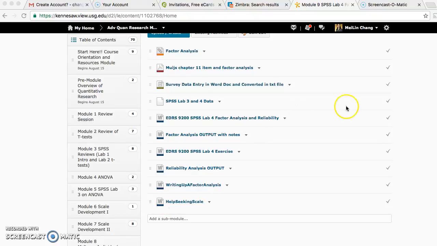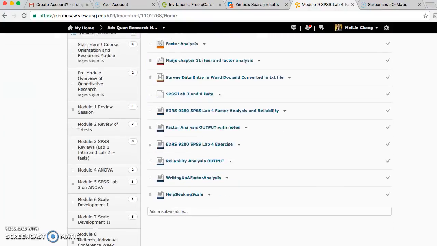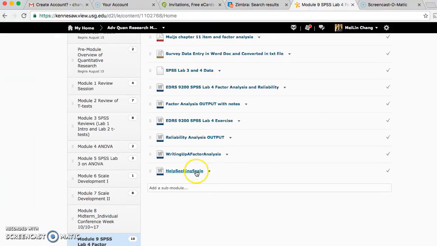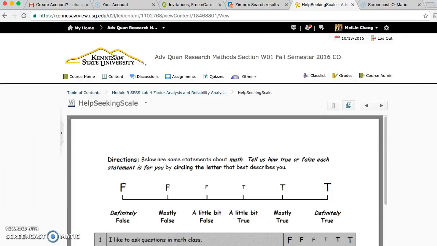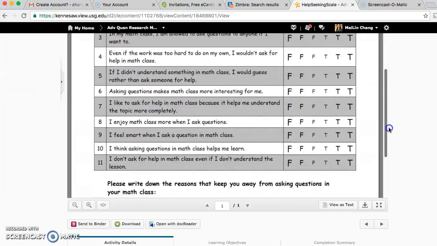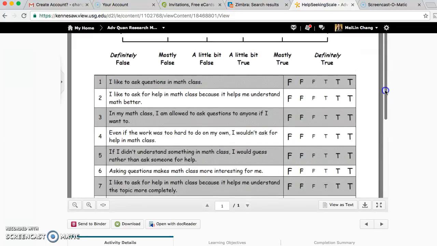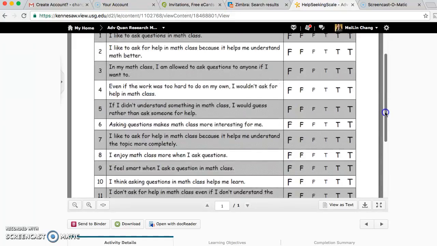First of all, let me show you in Module 9. Right now I have uploaded the original help-seeking scale into Module 9, so you can open up the scale and look at the items. There are 11 items for this scale, and this aligns with the data set that we used yesterday.